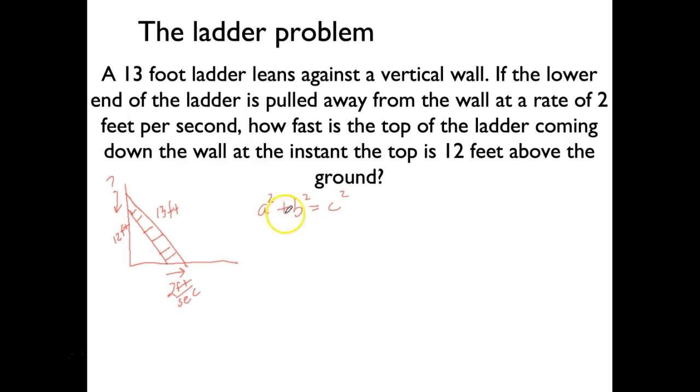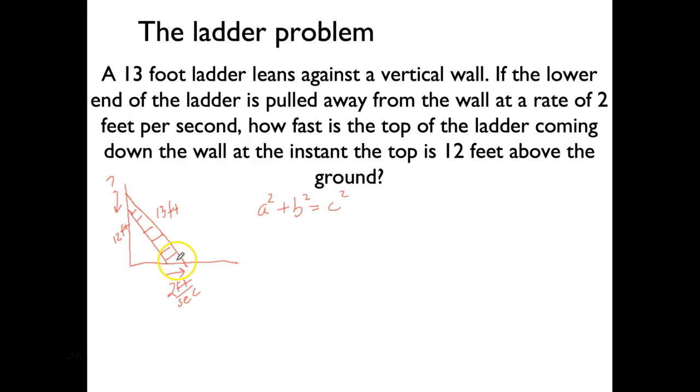Okay, so next I need to do step 3, because I did step 1, drawing and labeling. Step 2, I found my formula. Step 3 is plugging in any non-changing variables. Okay, so this side is changing, the ladder's falling down. This side is changing, it's being pulled out. But if you notice, the length of the ladder is not changing.